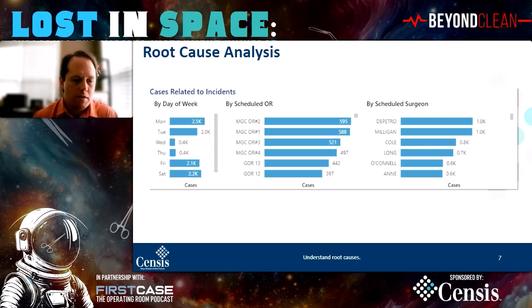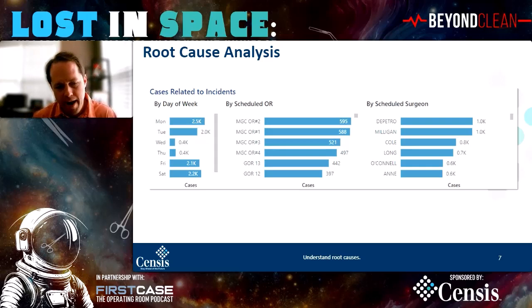So if you think about, when you open a tray, let's say there's 100 instruments in there. For each instrument, there is some percent chance that that instrument goes missing during that procedure. So the more instruments you have, the more instruments will statistically over time go missing, right? Another way to think about it is, and this is not realistic, but hypothetically, if every procedure could be performed with just one instrument, the number of instruments that go missing would be tremendously low because there's only one instrument involved, right?